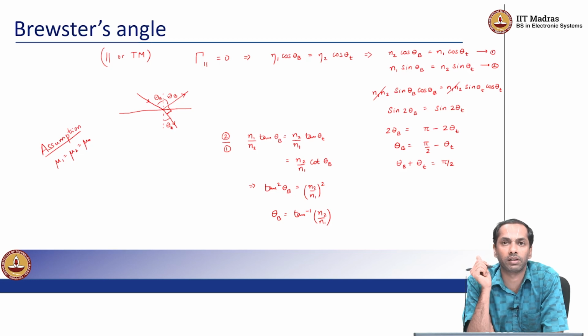But Brewster's angle is one where I only have one interface, yet I am able to completely cancel a particular beam. So there's no question of a destructive interference here. Remember, the incident beam is still there. It's not a question of the incident beam and the reflected beam combining with each other and creating zero reflection.